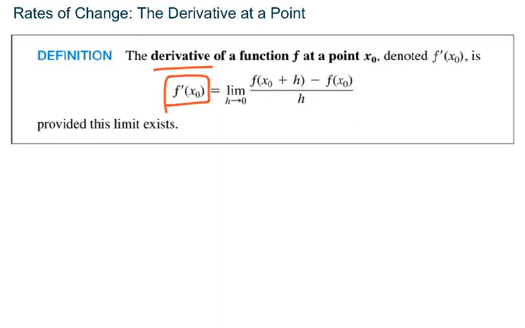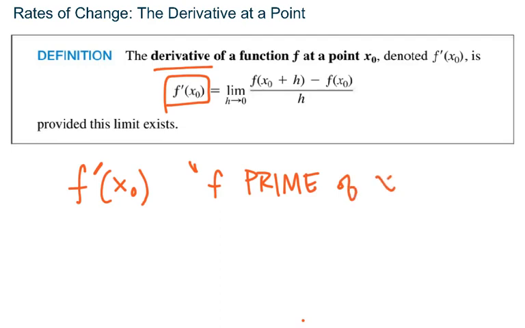The derivative of a function, f, at a point x sub 0 is denoted using this notation with an apostrophe. F prime of x, or x sub 0 in this case. So that reads as f prime of x. So this is my derivative notation.